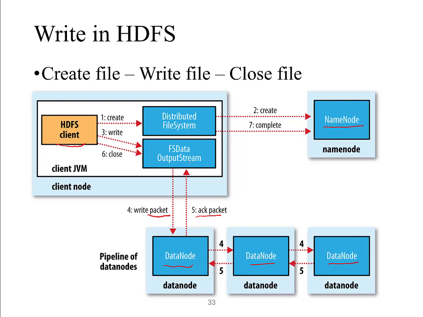As the final step, when the client has finished writing data, it will tell the stream that the writing is done, and also the distributed file system would tell the name node that this whole procedure has completed. So that is basically the write operation in HDFS.